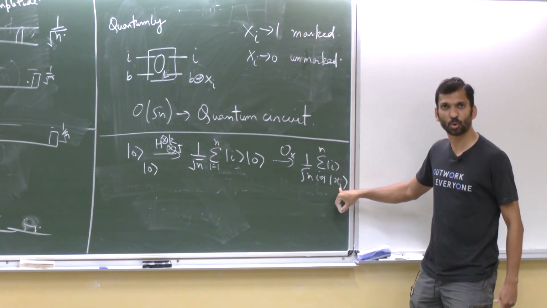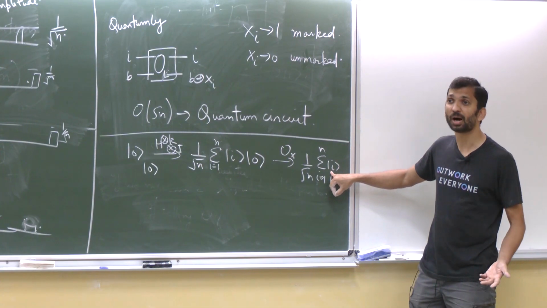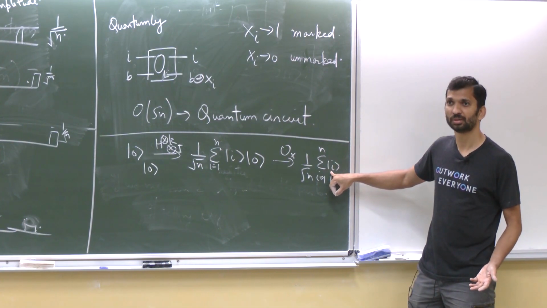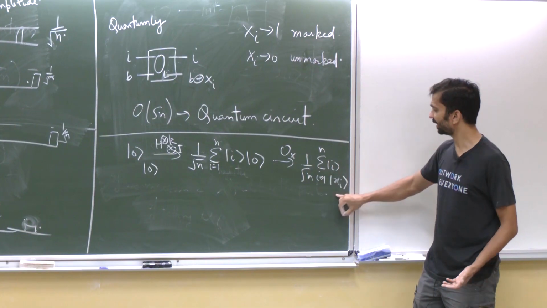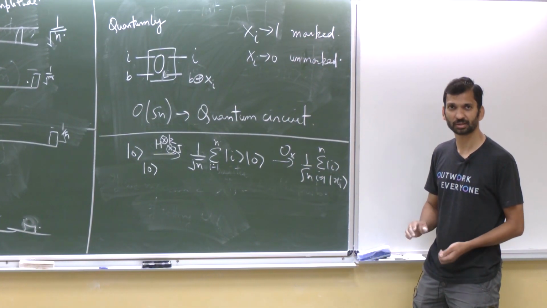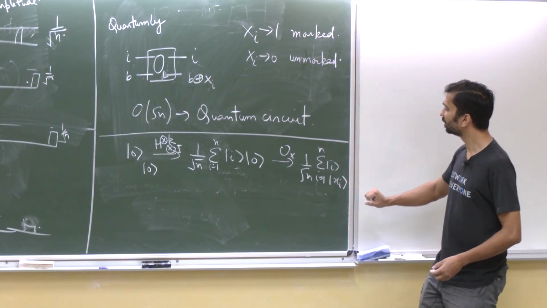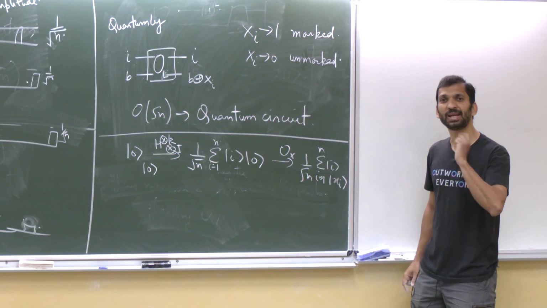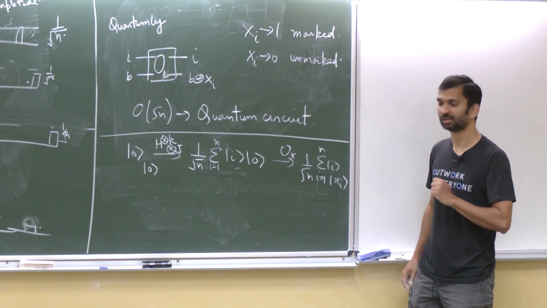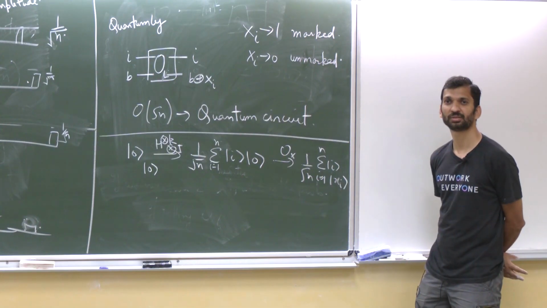So x_i encodes whether the ith element is marked or not. Correct? So I get this state. Right? Now, if only one element is marked in my list, what is the probability that I measure 1 in the second register?